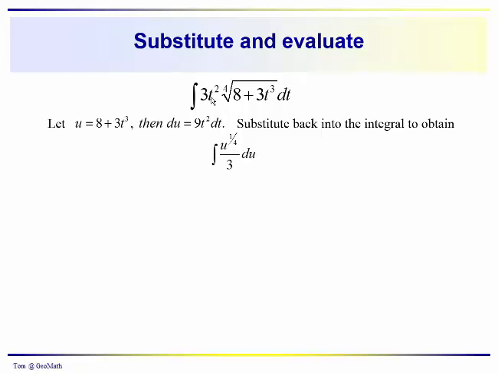We see the t squared dt up here. We see a 3 over here. So when we replace du with 9t squared dt, we need to divide that by 3 in order to get back to this integrand when we substitute back in.